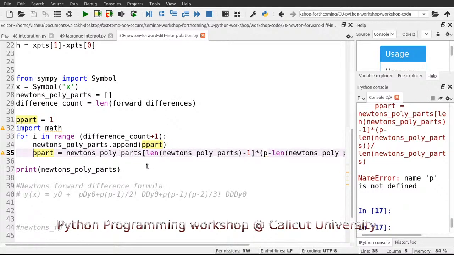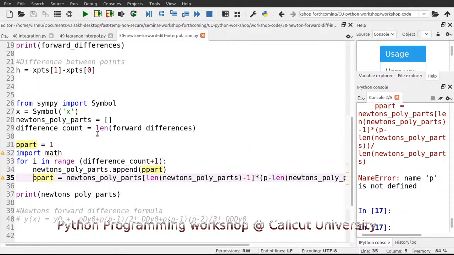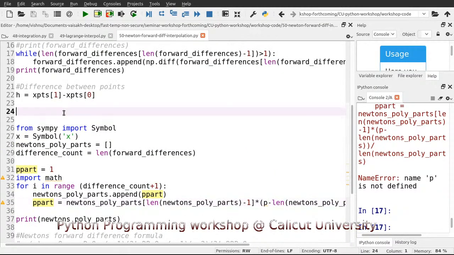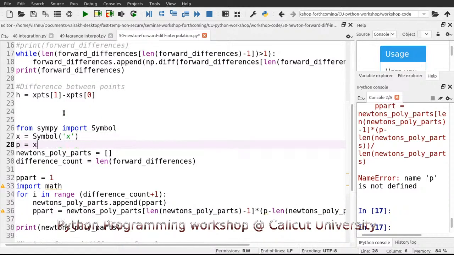P is not defined. Where is this P? Haven't I defined P anywhere? Okay, I have not defined P. P is equal to x minus, x is defined here. So P is equal to x minus the zeroth x point divided by h.